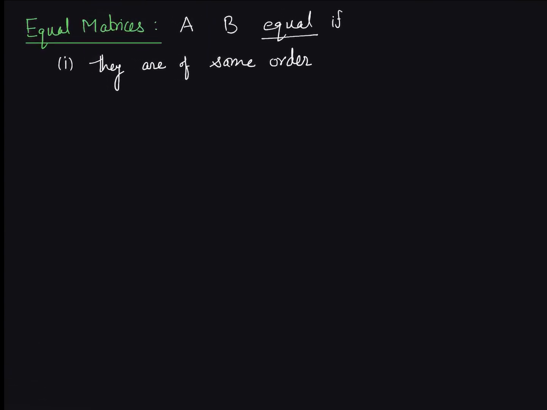Now, equal matrices. Two matrices A and B are said to be equal matrices if the first condition is they are of same order. That means the order of A and B are same, and the second point is that each corresponding element is equal.